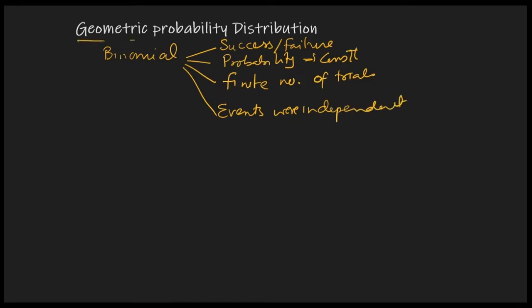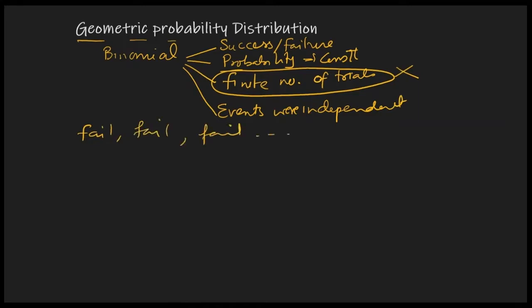In geometric probability distribution, this condition is not there. There is not a finite number of trials. You keep on failing. You fail, you fail, you fail, you keep on failing until you get a success. And then you stop. That means there are failures all over the sequence, but the last event is a successful event and you stop after that.